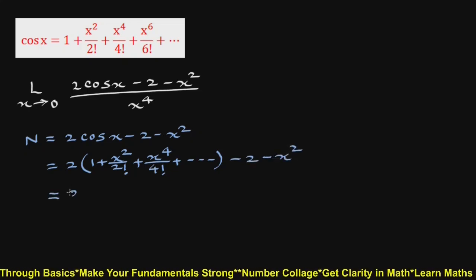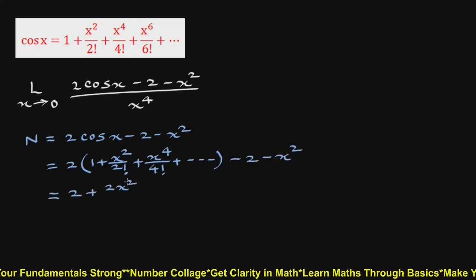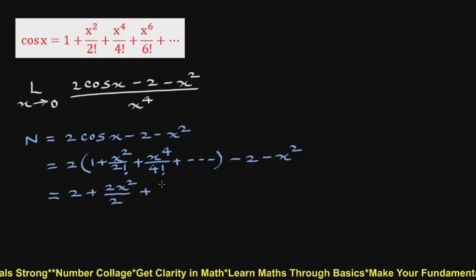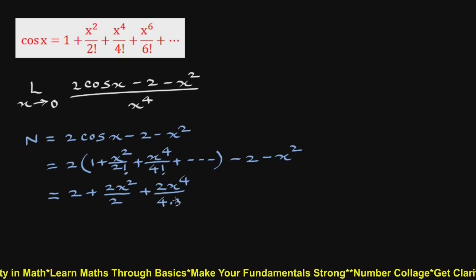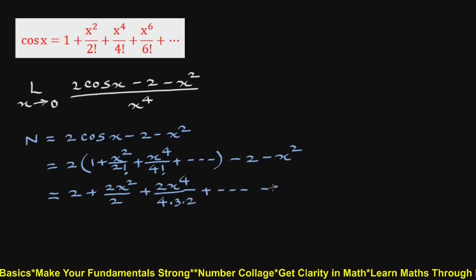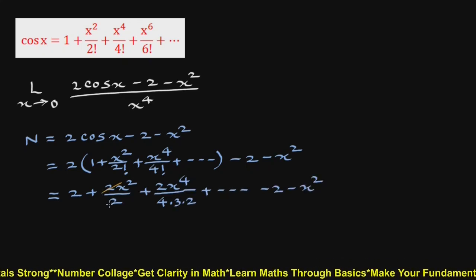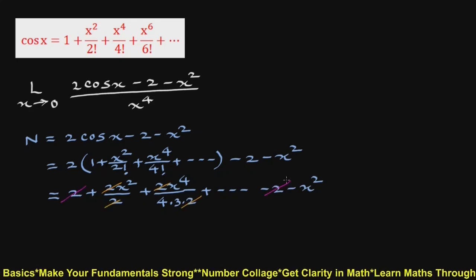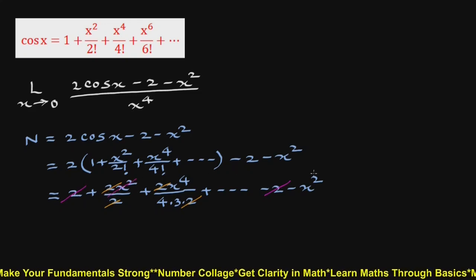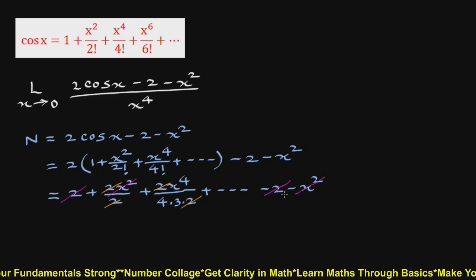Opening the bracket, 2 plus 2x square upon 2 plus 2x raised to 4 upon 4 into 3 into 2 plus so on and so forth, minus 2 minus x square. Cancelling this 2 and this 2, 2 minus 2 will be 0 and x square minus x square will also be 0.